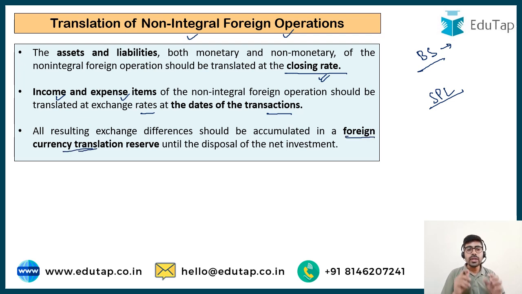So because of the translation of the financial statements from dollar to rupee, sometimes certain differences arise, and this difference is transferred to a separate account, which is the foreign currency translation reserve, and this account is maintained until the disposal of my investment, until I dispose of my stake in the Singapore company. Till that time, this account is being maintained.